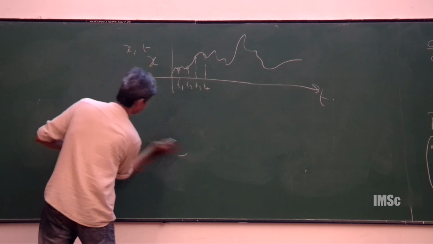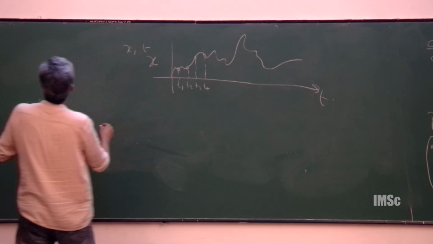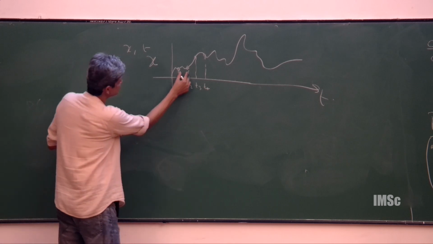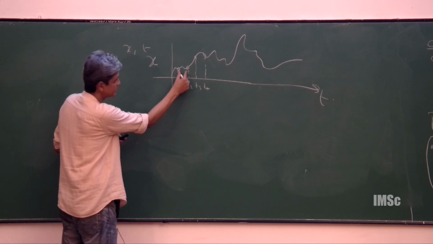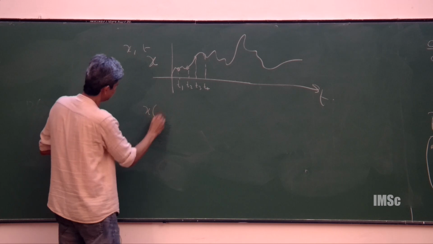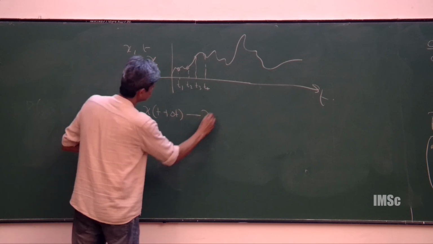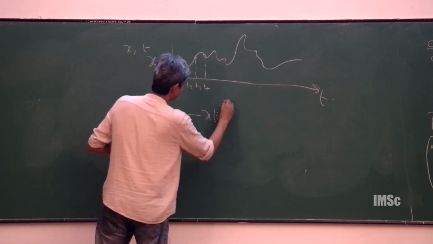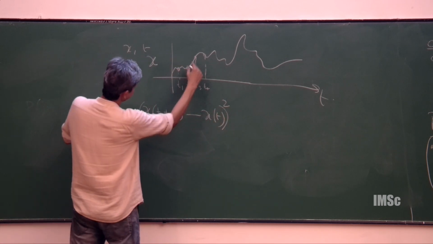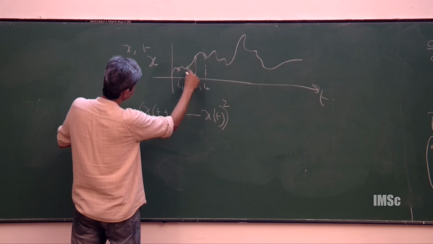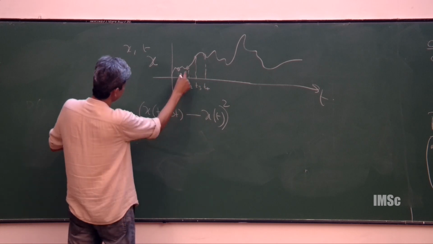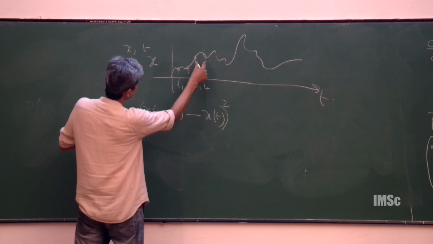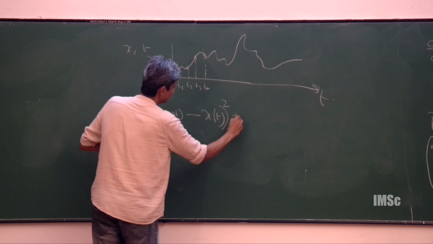So basically, you take the difference between these neighboring data points. You calculate x at t plus delta t minus x at t and take a square. Now you take the successive differences, you take the next 2 points. So you took the difference between 2 and 1 and squared, and now you take the difference between 3 and 2 square, 4 and 3, and in this way you keep on summing.